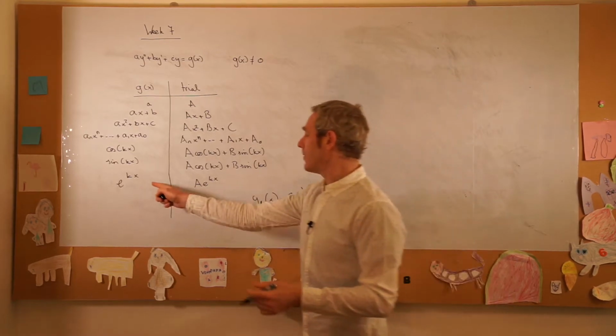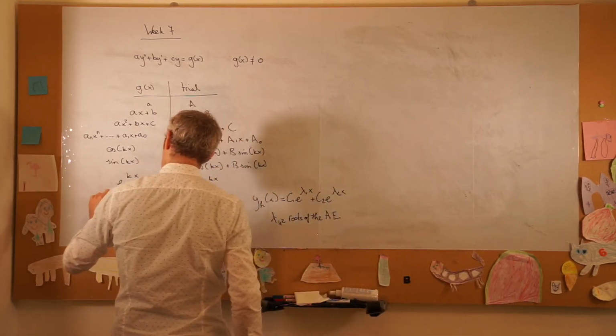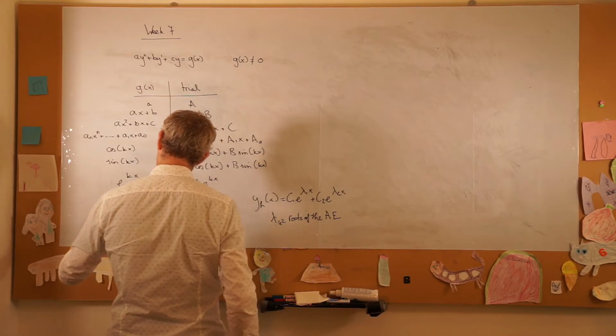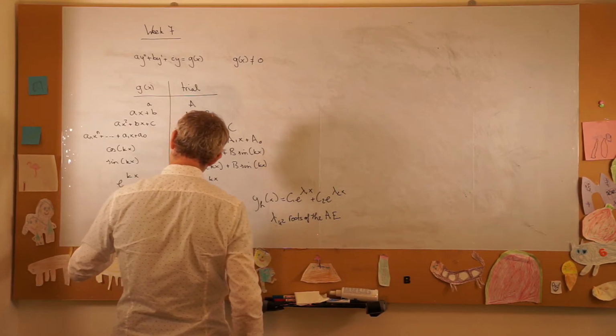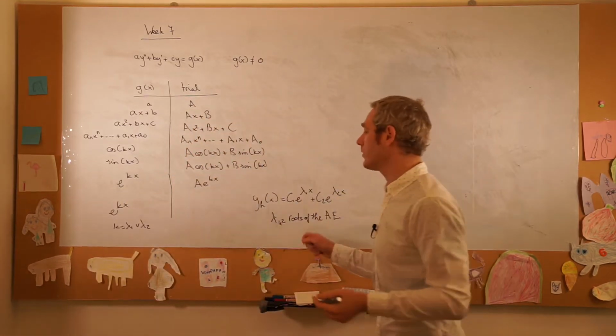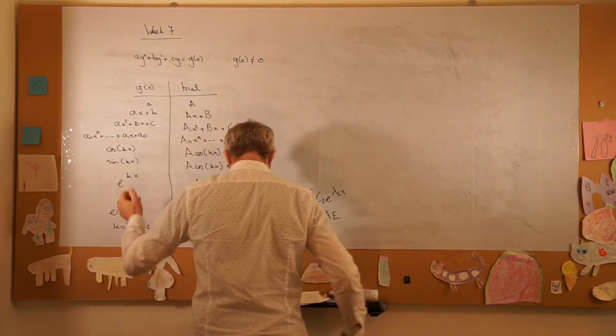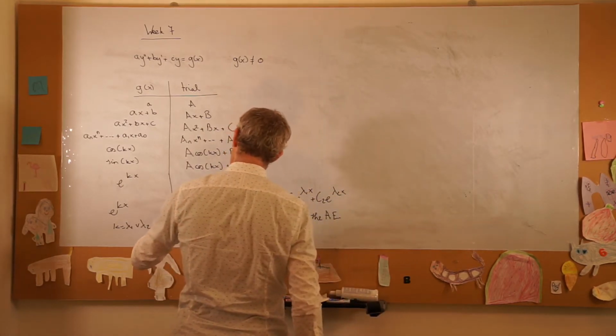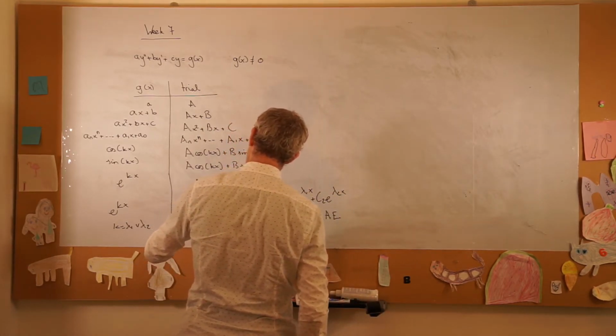Now, if k is lambda 1 or lambda 2, so if k is one of the roots of our auxiliary equation, we don't take this. No. We take x e to the power of kx.